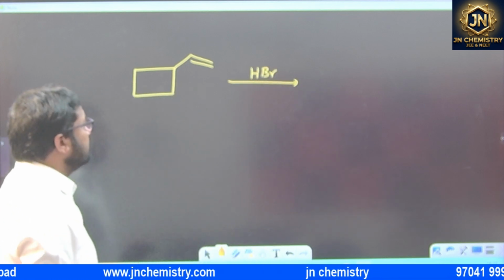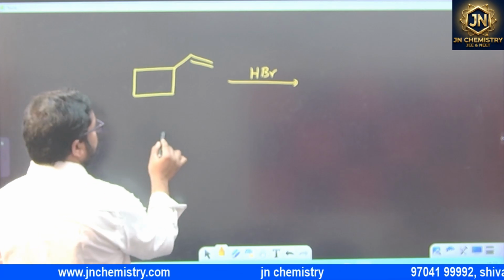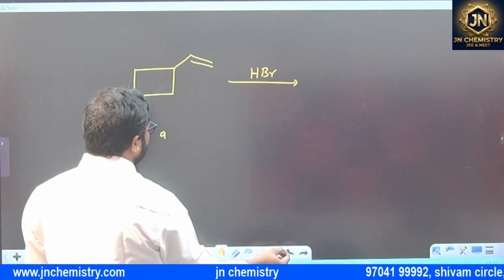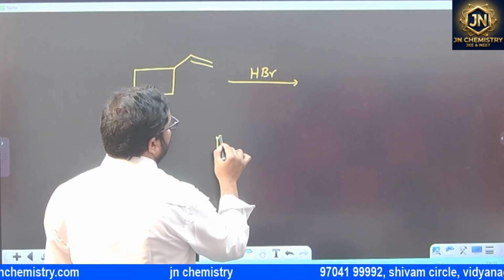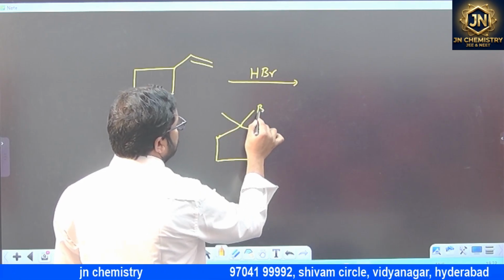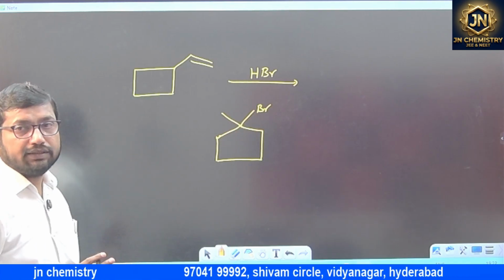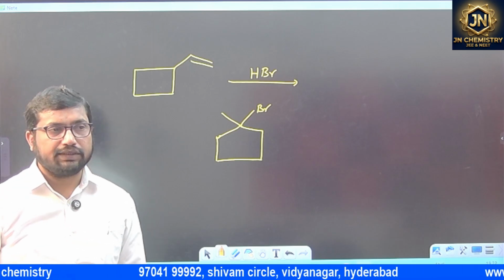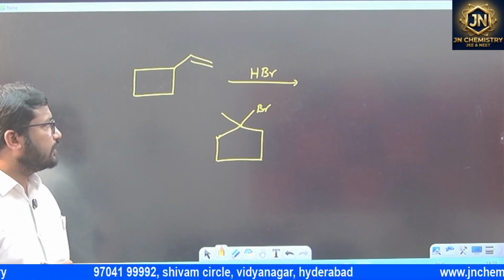I'm giving the options, and directly writing the answer: the 4-membered ring becomes a 5-membered ring now. If you want, you can write the mechanism, same as before. Do it as homework.